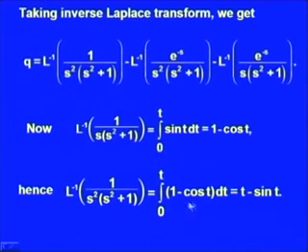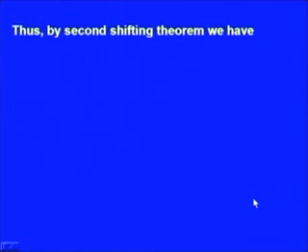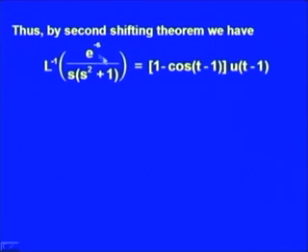So, when we integrate this and put the limits, we get the inverse Laplace transform as t minus sin t. And then let us apply the second shifting theorem. The inverse Laplace transform of e to the power minus s over s into s square plus 1 will be equal to 1 minus cos of t minus 1 into u of t minus 1, because we know that the inverse Laplace transform of e to the power minus a s into f of s is equal to f of t minus a into u of t minus a.